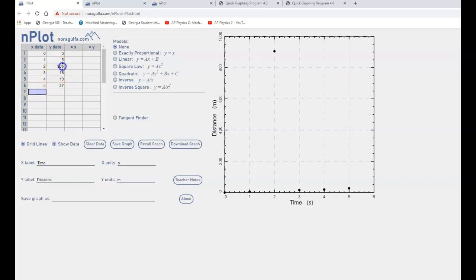Oops, 2. I thought, why is my graph looking wonky? Should be a 0.5. And then, yes, that looks way better. And then 6 and 30.